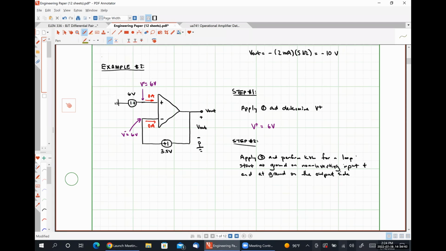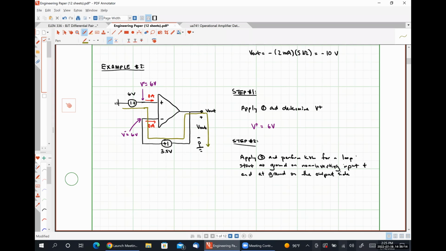Now I'm going to show you the loop that we'll use. So we'll start at ground here on the non-inverting input side. We'll jump across to our other input terminal through our voltage source to the output node, and then down to this ground.